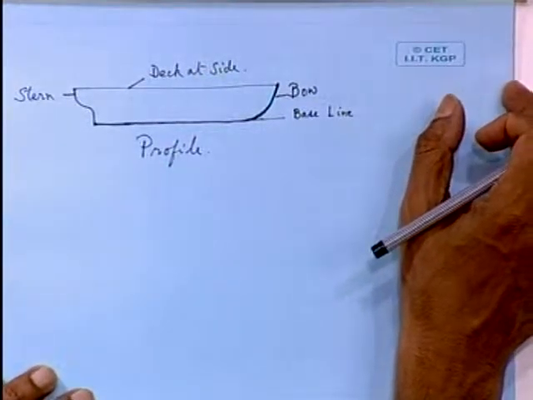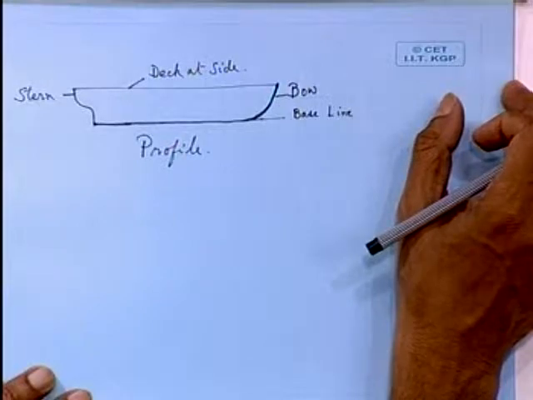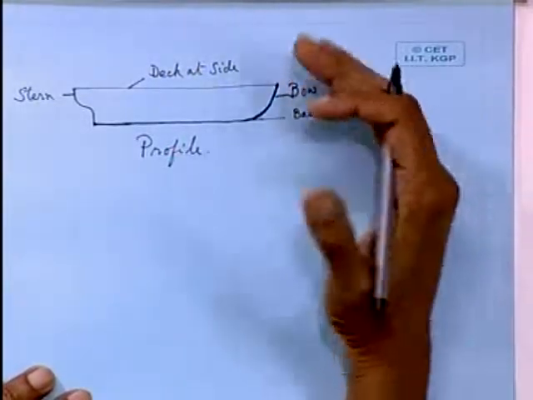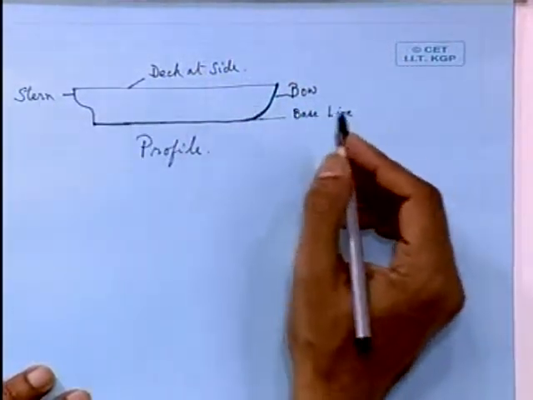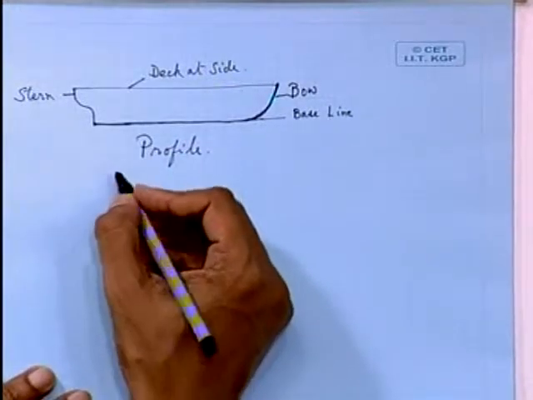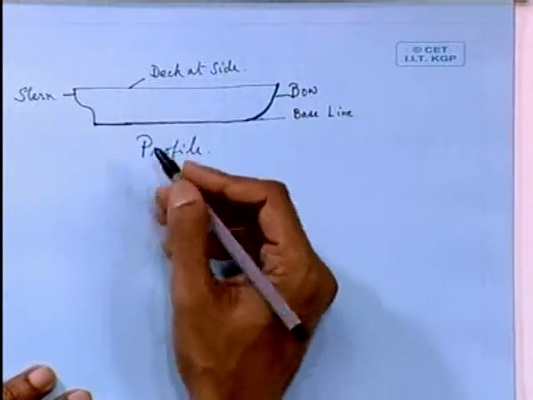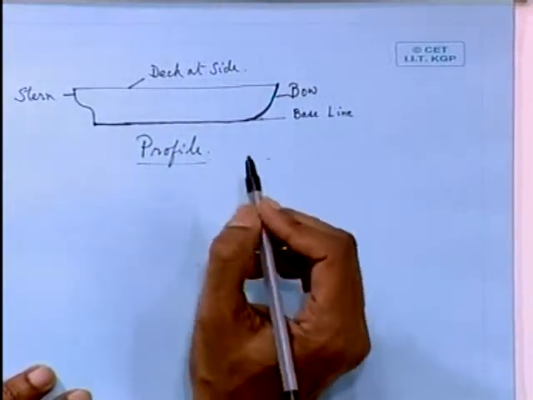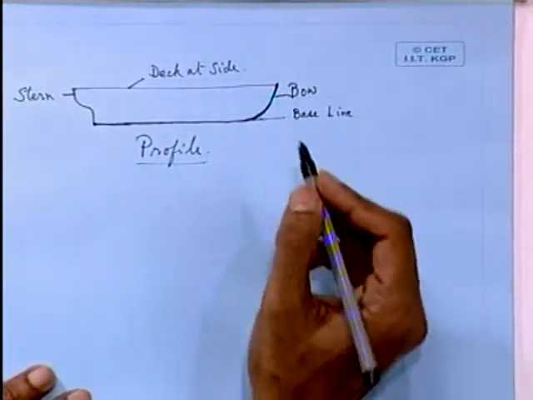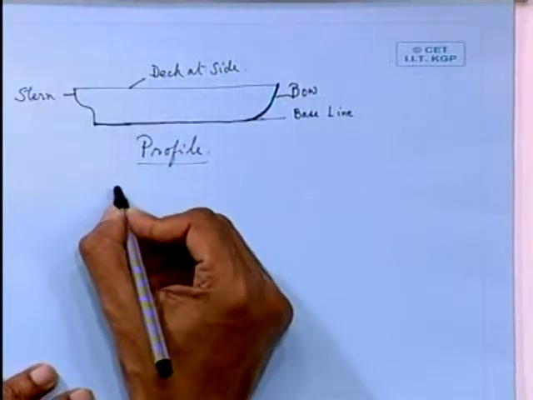Now there are, of course, other views. This is one vertical plane. You remember that you are always making what are called orthographic projections. So this is the profile, the intersection on the center plane, which is nothing but a vertical plane.